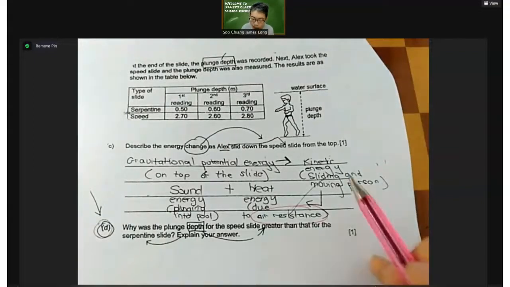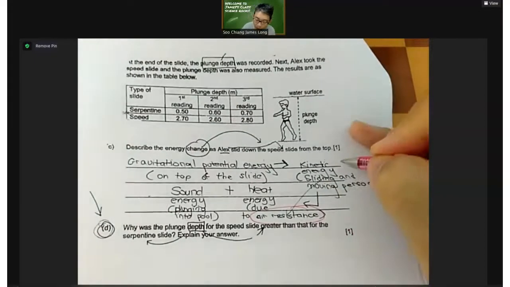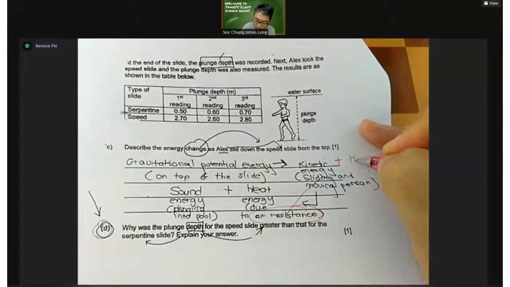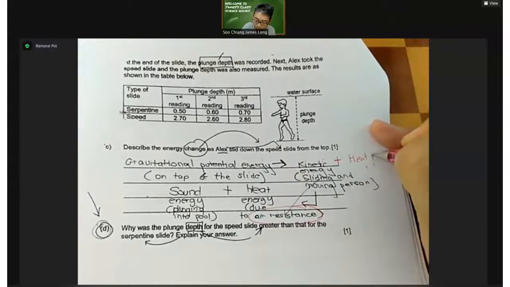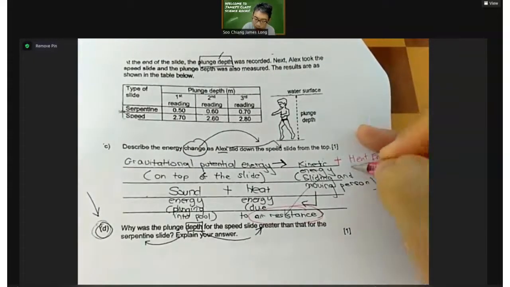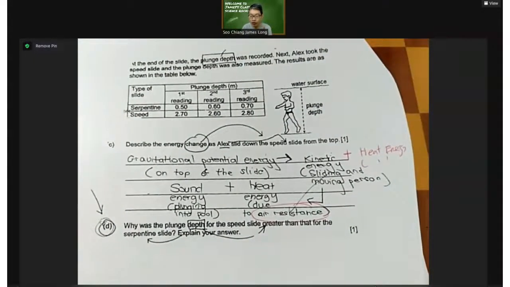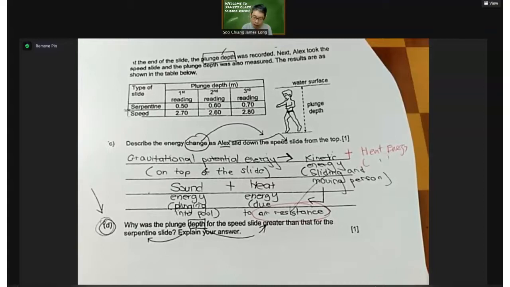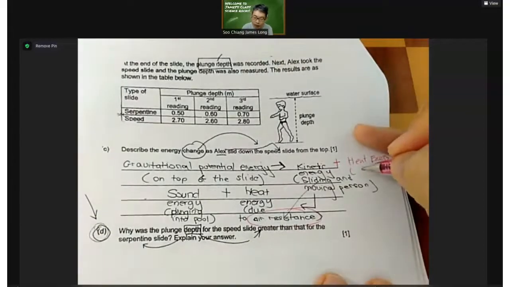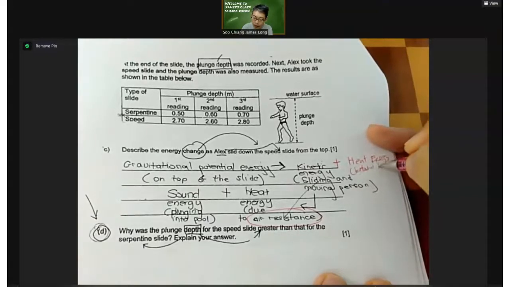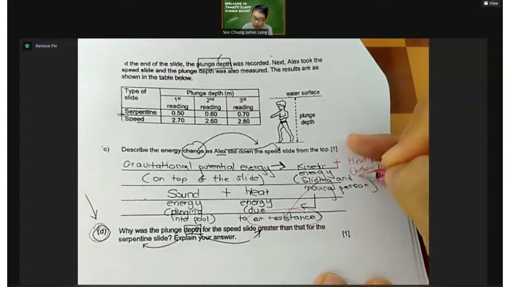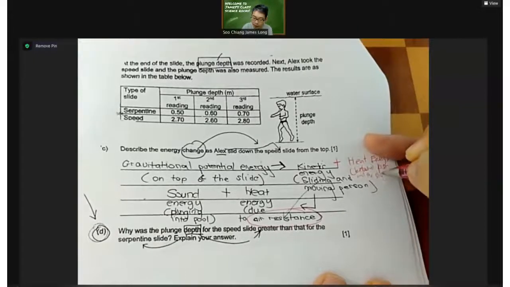So I think here when it's sliding down, you are missing something. There should also be heat energy here. And this heat energy comes as a result of the person's bottom against the slide, the frictional force between the two. So there's actually heat energy between the person and the slide.